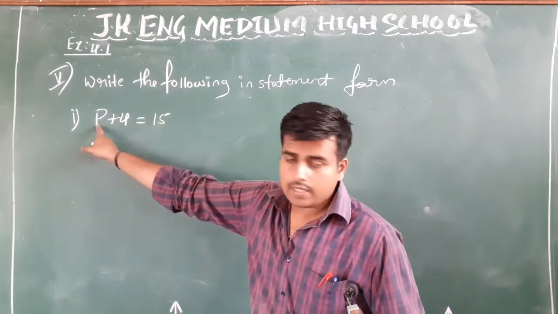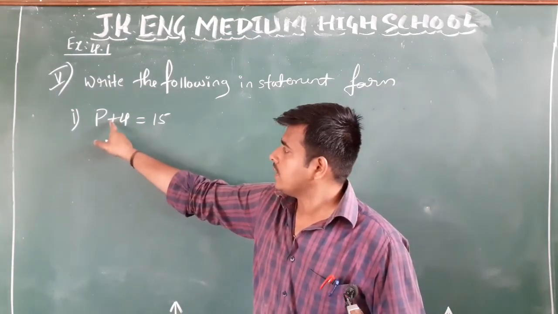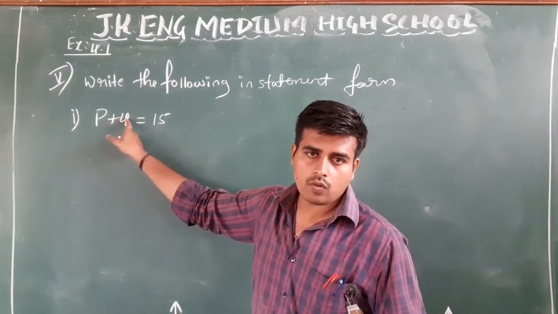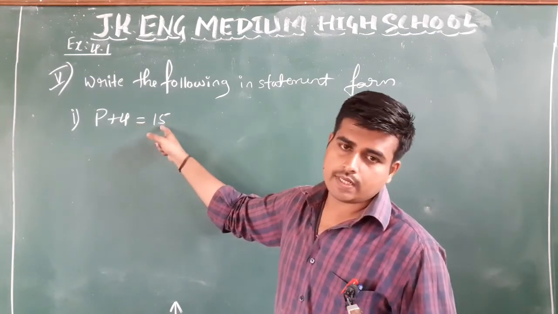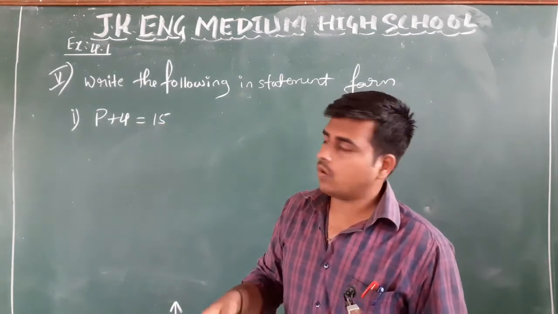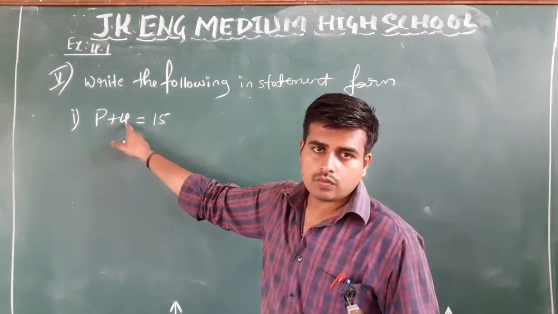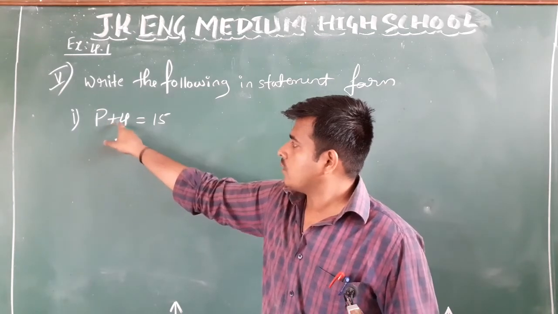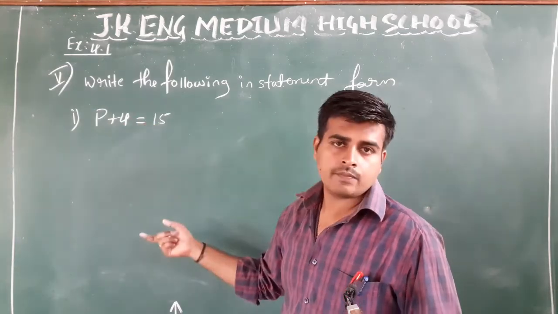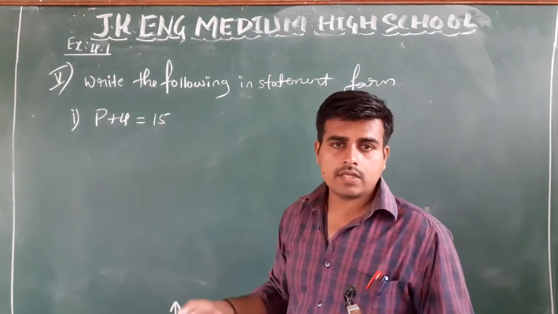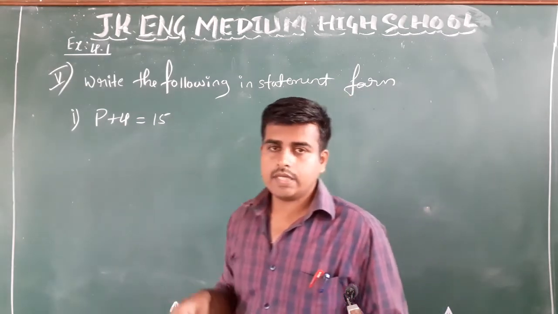If p is added to 4, or 4 is added to p, both are the same. P is added to 4, it gives 15. It is one way. Or p adds to 4, or p plus 4 gives 15.